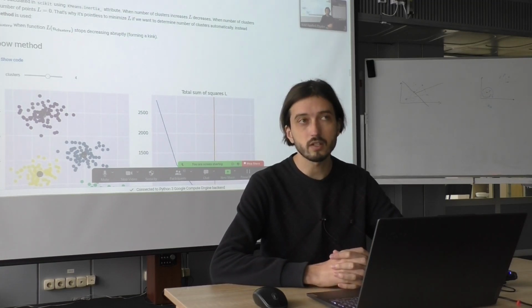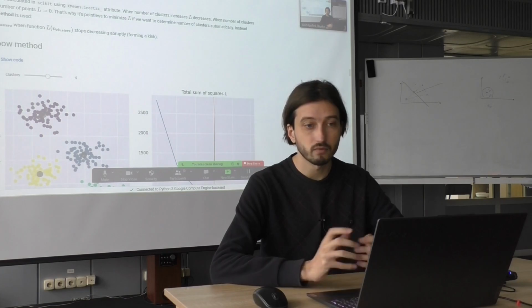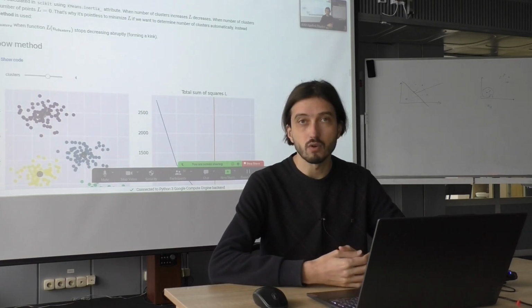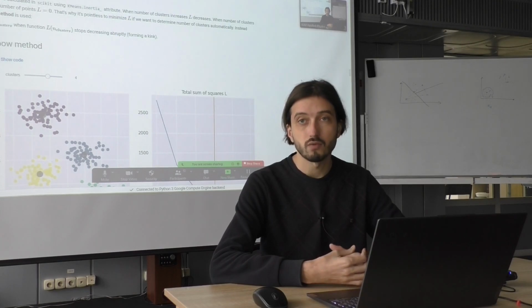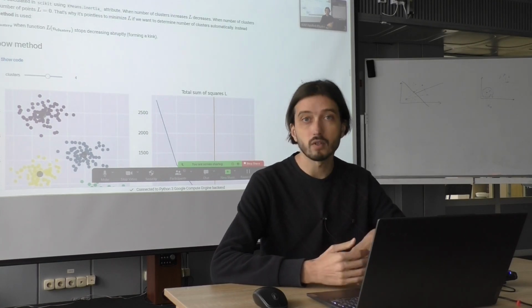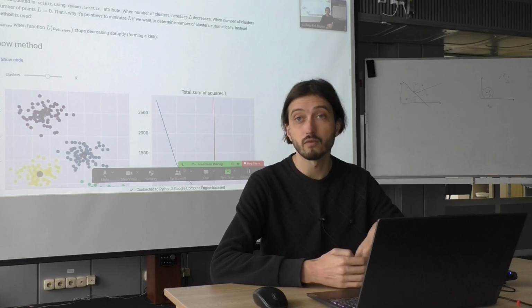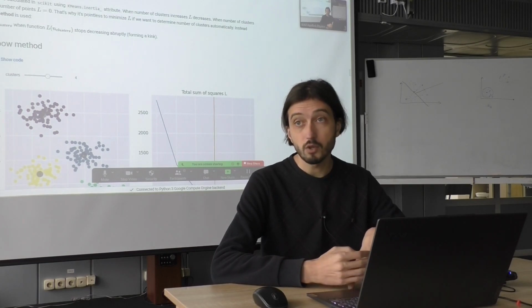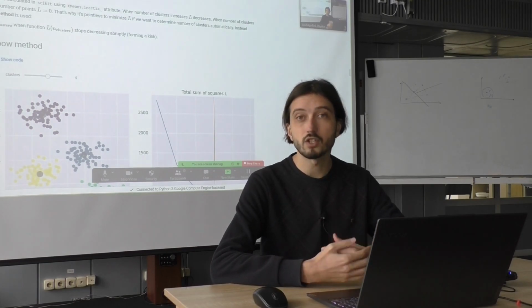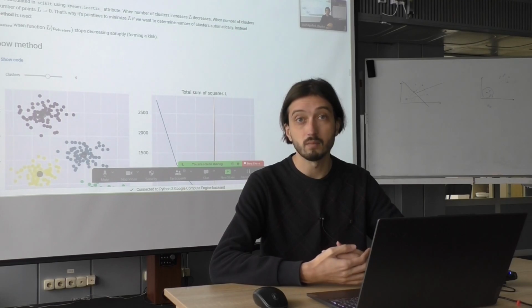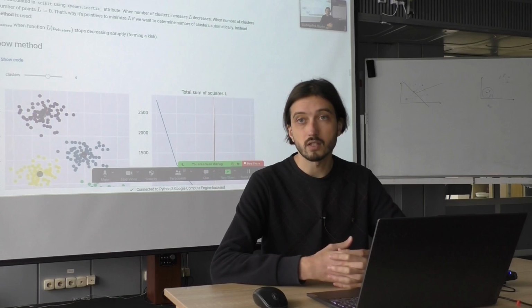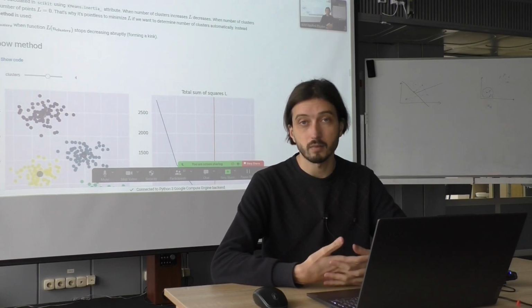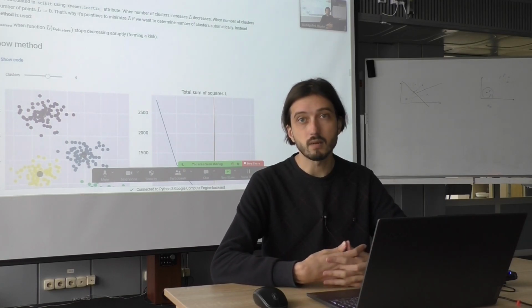We are not starting from some sort of empty plane or just with the points of the data set, but we should, for example, choose the number of clusters that we will be searching for, and we should choose some initial positions for the mean values, for the centers of clusters, so that we can start minimizing something.